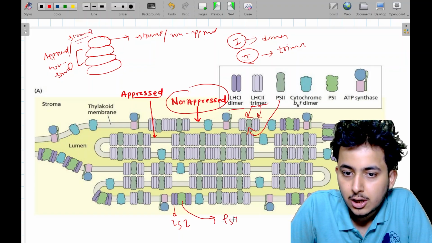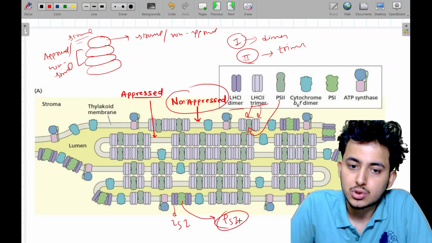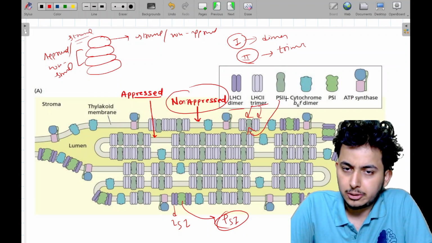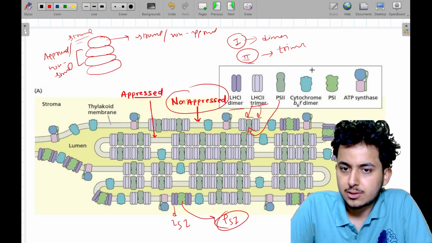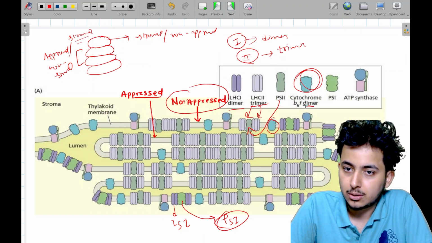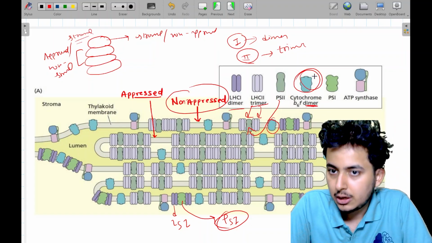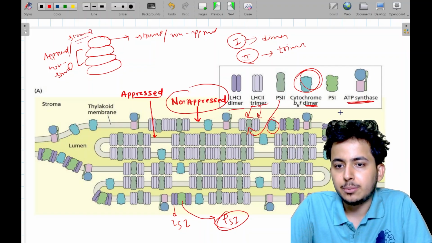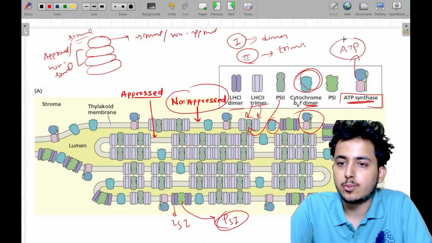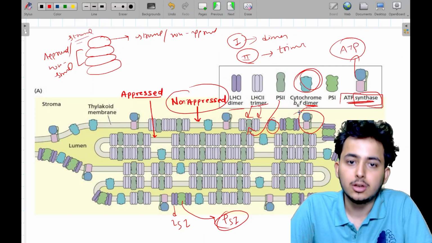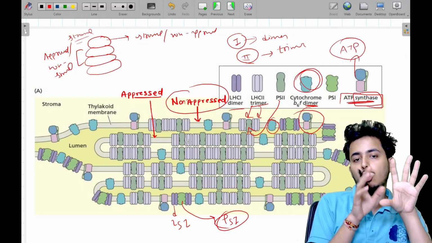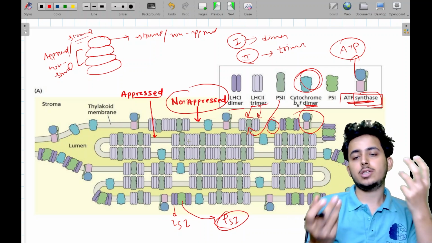This is your PS1, and I told you Photosystem 1 is associated with LHC1. Another thing to note is that this cyan one is your cytochrome b6f dimer, so this molecule is also dimeric. And then this is your ATP synthase, which synthesizes ATP; from the name itself you can guess the function. So this is the typical arrangement of the appressed and non-appressed thylakoids and the components which are present.